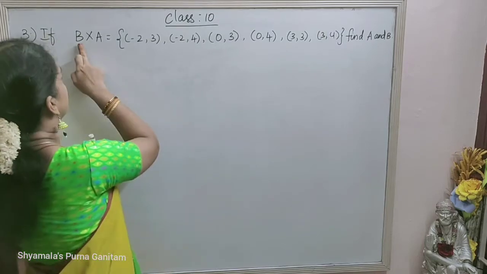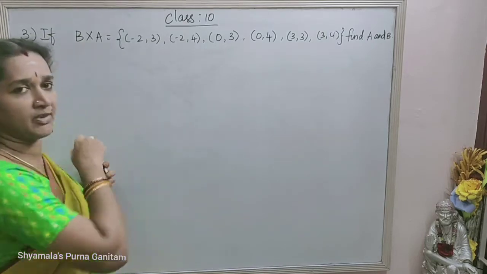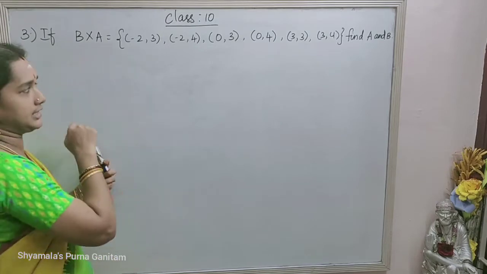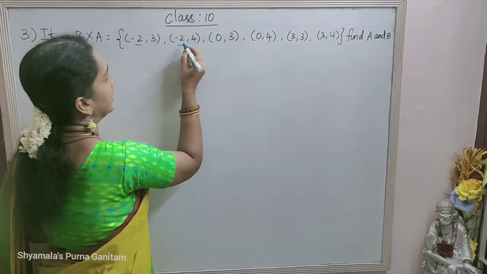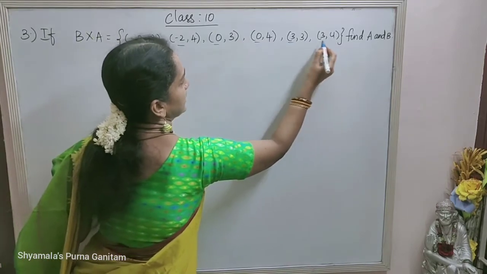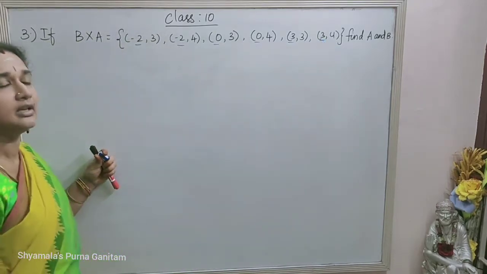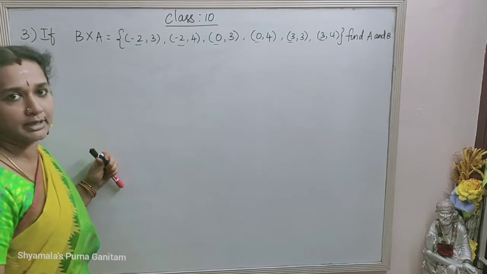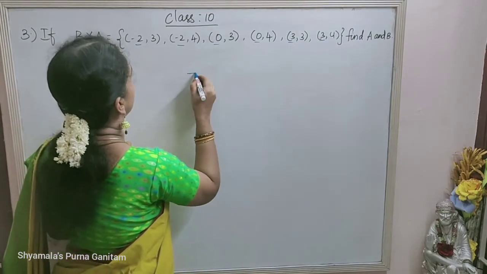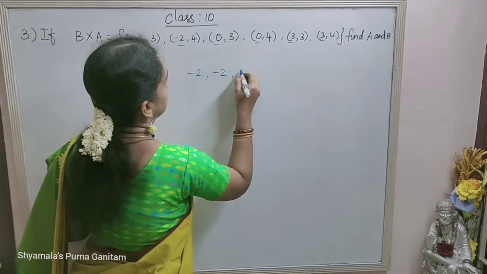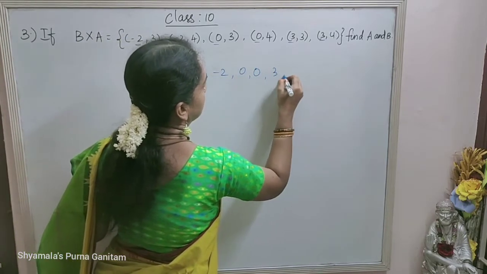For finding that, first it is given B, next one is given as A. The elements inside these ordered pairs, all the first elements, will belong to set B. So we write them once: minus 2, again minus 2, 0, 0, 3, 3.